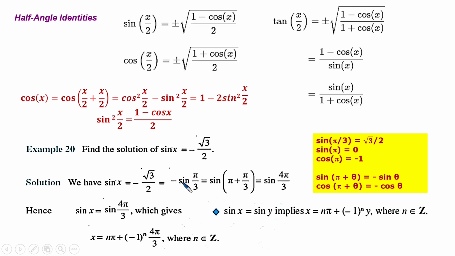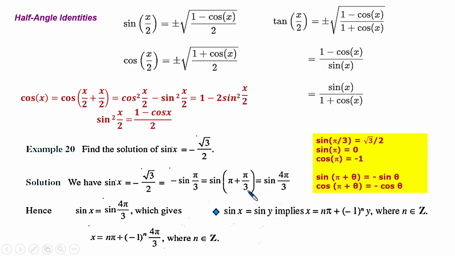Since this is minus, I can write sin of pi plus pi by 3, which we have shown earlier: sin of pi plus theta is nothing but minus sin theta. You just substitute in sin a cos b plus cos a sin b, and the first term will vanish and your cos of pi is minus 1.